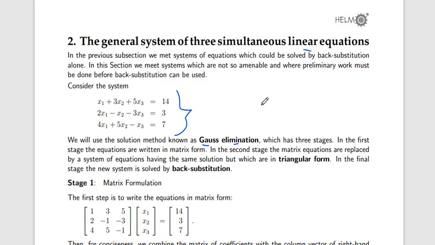In matrices there is also the Gauss-Jordan method, but in this lecture we will talk about Gauss elimination, and in the next lecture we will discuss the Gauss-Jordan elimination method. So let's take a quick revision from the last lecture.